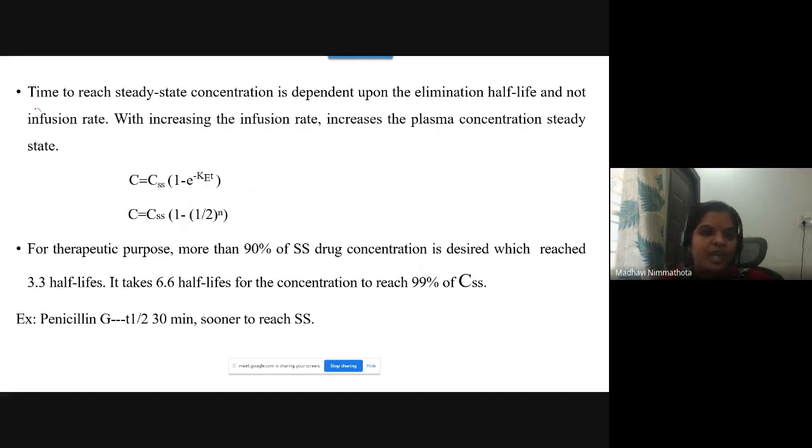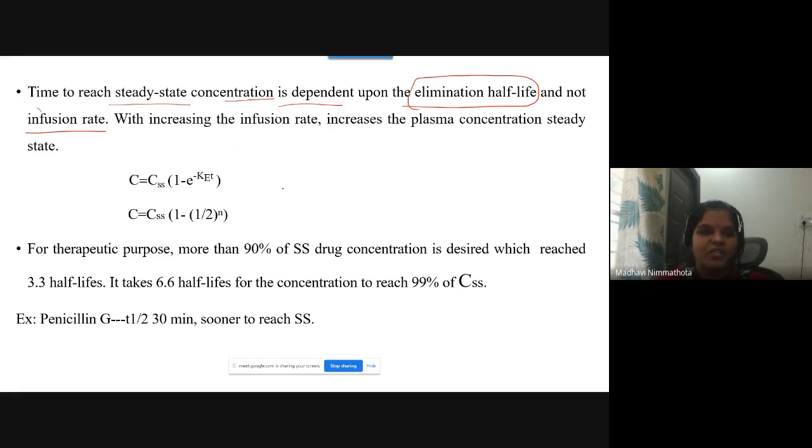So the time to reach the steady state concentration is dependent upon the elimination half-life, not on the infusion rate. The time to reach steady state depends upon the elimination half-life. With increasing the infusion rate, the steady state plasma concentration increases.